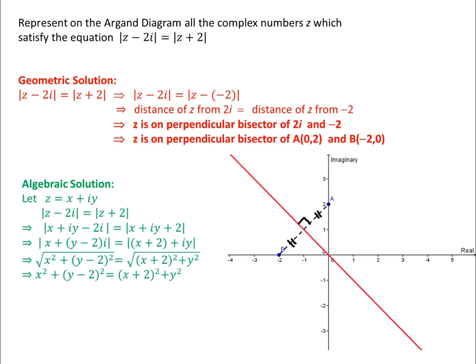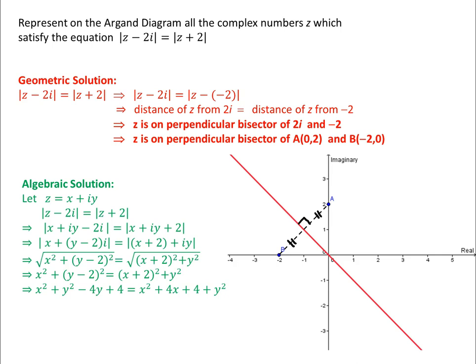Expand the squares on each side, so we've got x squared plus y squared minus 4y plus 4 on the left hand side equals x squared plus 4x plus 4 plus y squared on the right hand side.